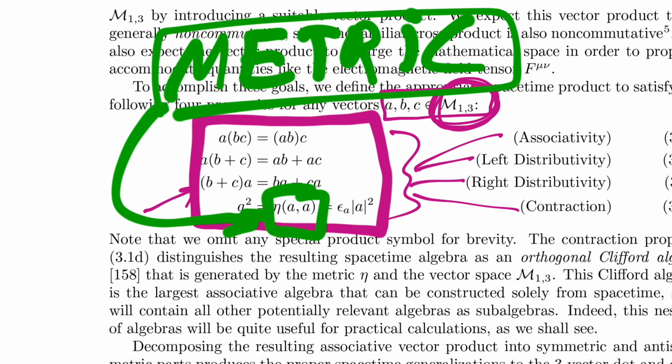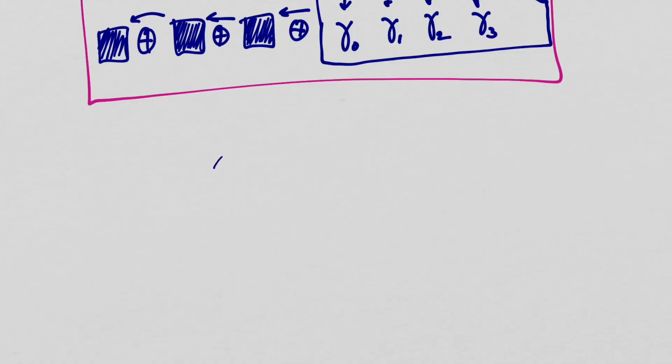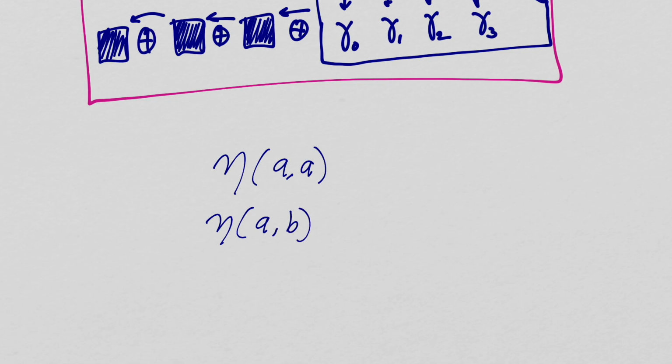It could easily have been the case that this metric, eta of A, or remember, it's a metric, so it could be eta of AB. It doesn't really matter. It could have been that this is the Euclidean metric, and it would be positive definite, right? So this could have been, this equals epsilon magnitude of A squared, where this magnitude of A is what the metric defines.